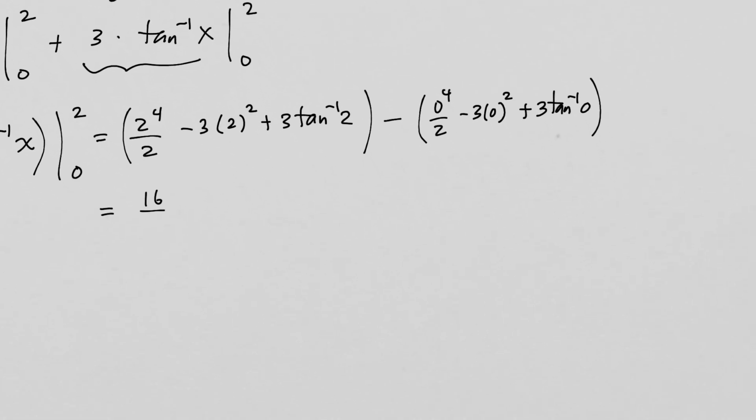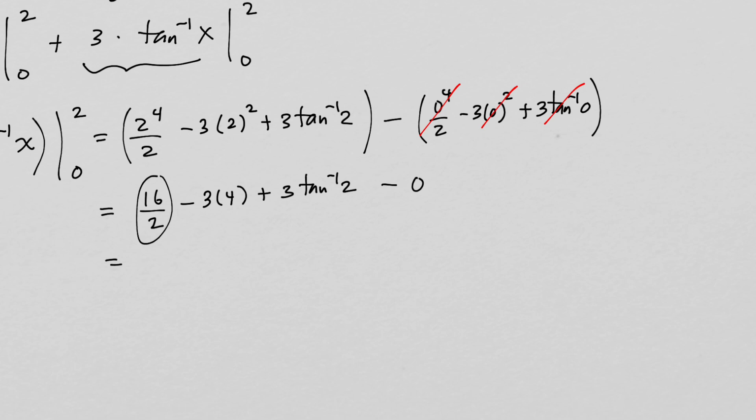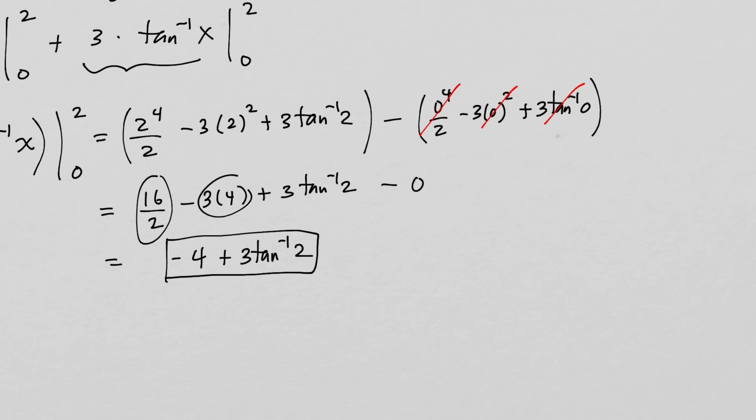So we have 16 divided by 2 minus 3 times 4 plus 3 inverse tangent of 2. That's interesting. Minus, and then all of these are 0, including the inverse tangent of 0. And so we have 8 minus 12 is negative 4 plus 3 times the inverse tangent of 2. And this is our answer.